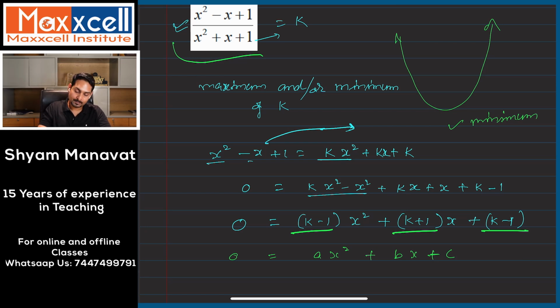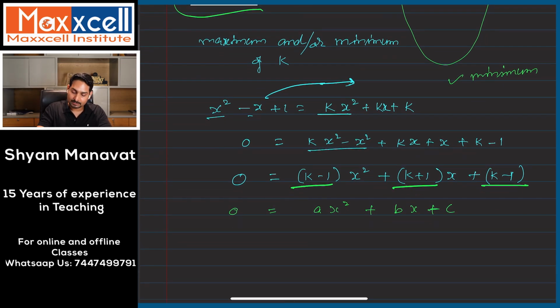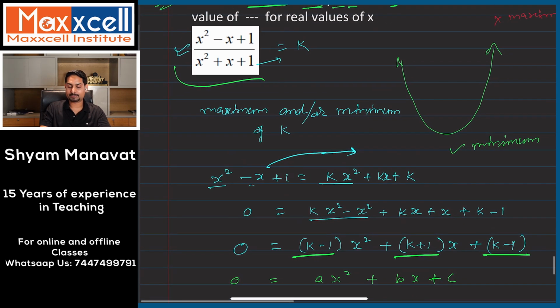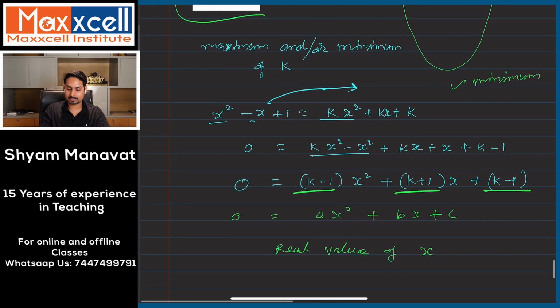चलेगा? अब एक बात बताओ यार. This quadratic equation, it has to have a real value of x. Then only it will show what? A proper maximum or minimum. If x is not defined, तो problem हो जाएगा ना.